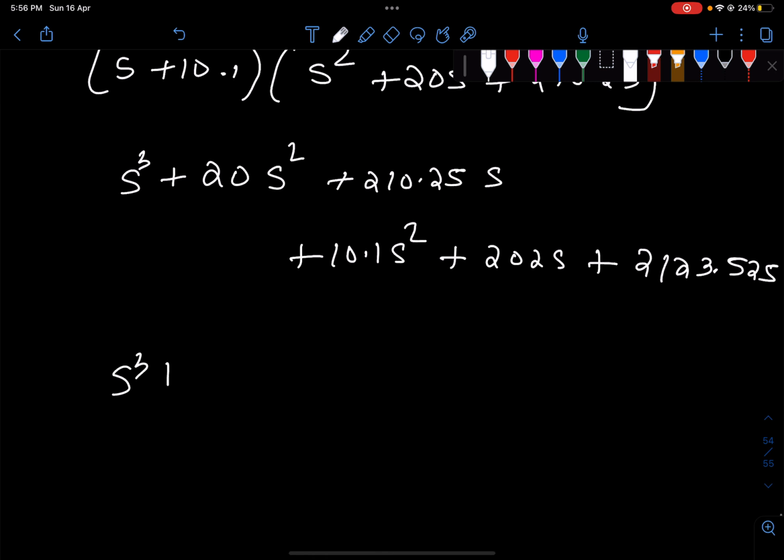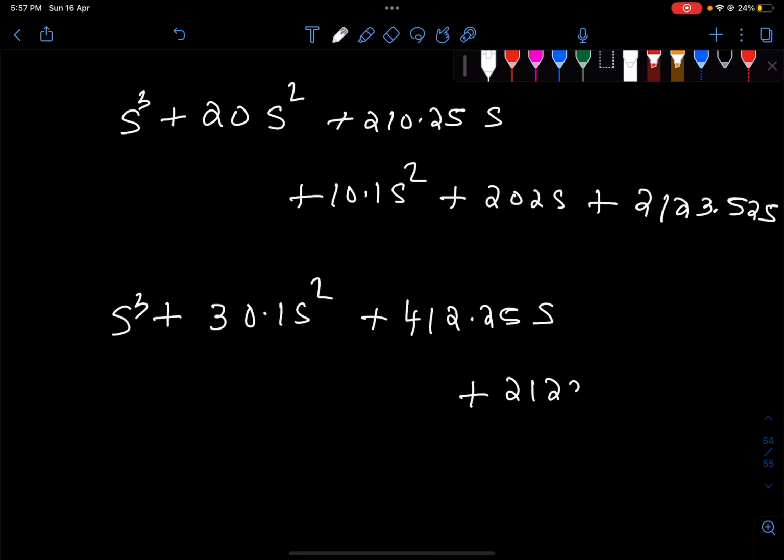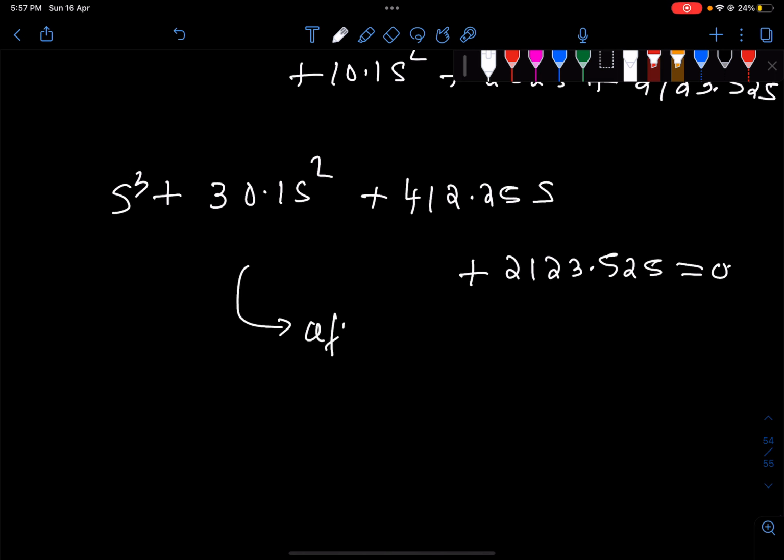So that will be s cube plus 30.1 s square plus 412.25 s plus 2123.525 equal to 0. This is after the controller.